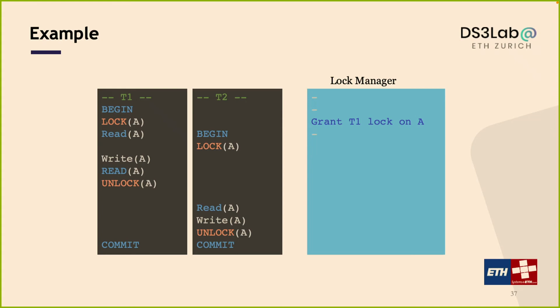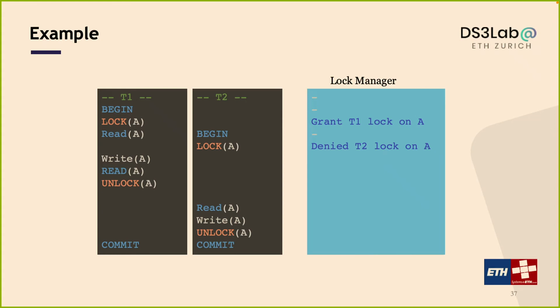And then T2 will also try to lock A. In this case, because some other transaction is holding the lock on the same object, the lock manager will say, okay, I do not give you the lock. And the behavior of the system is that T2 is going to wait until the lock manager can actually grant the lock.